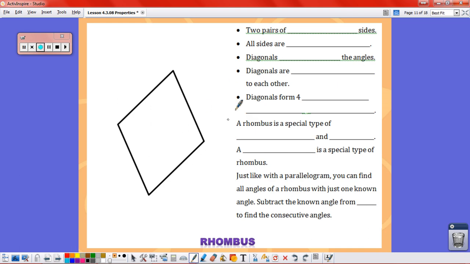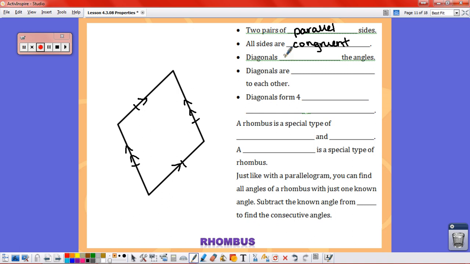Alright, a rhombus is a different special type of parallelogram. It has two pairs of parallel sides. This is parallel. This is parallel. All sides are congruent. So congruent, congruent, congruent, congruent.